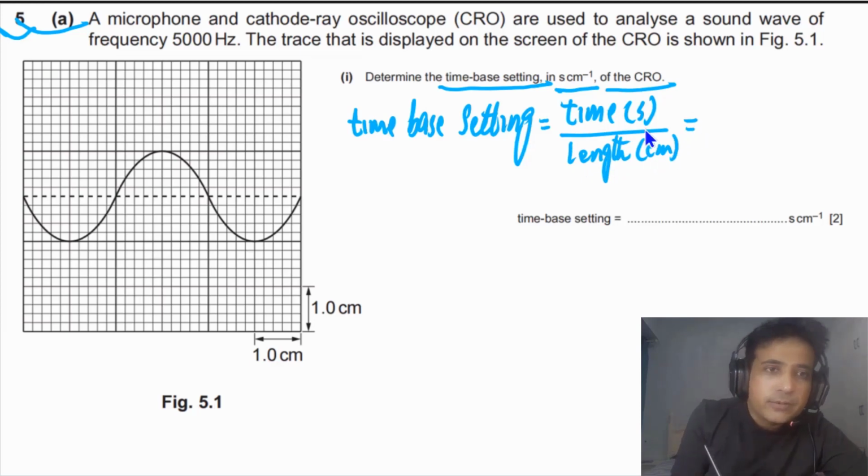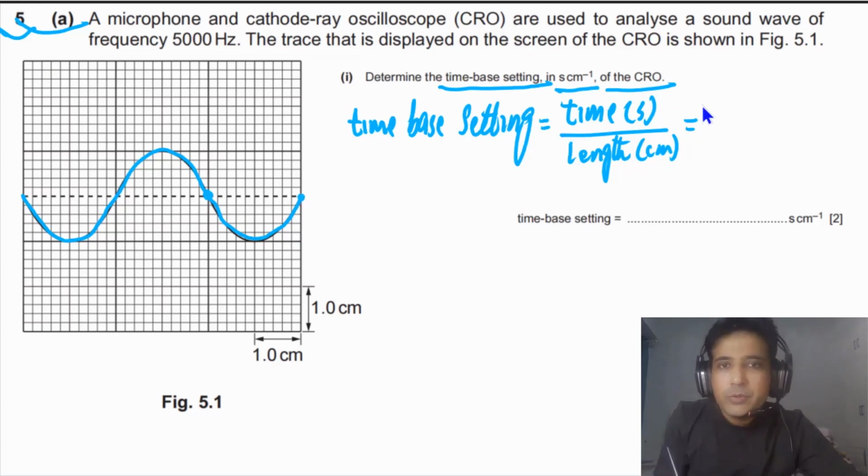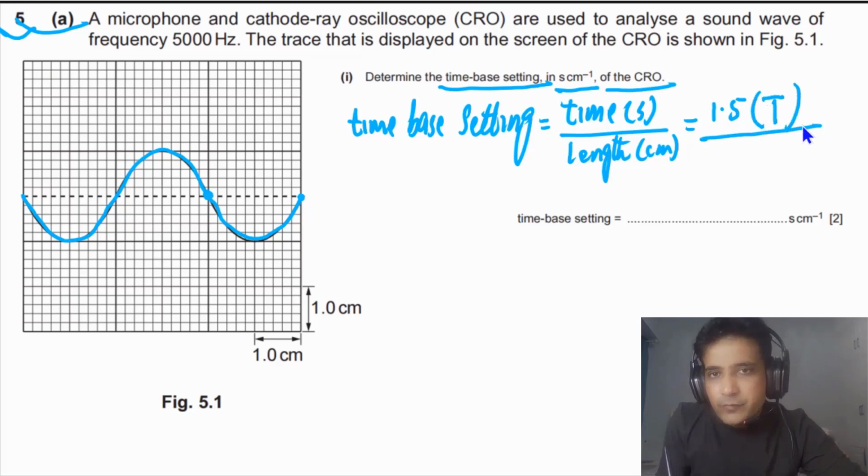Now, if you look at this given wave, you can see we have 1 complete wave. So this is 1 complete wave, and also we have half a wave. So in this case, we have 1.5 waves. In this case, total time will be equal to 1.5 times the time period of the wave, divided by length.